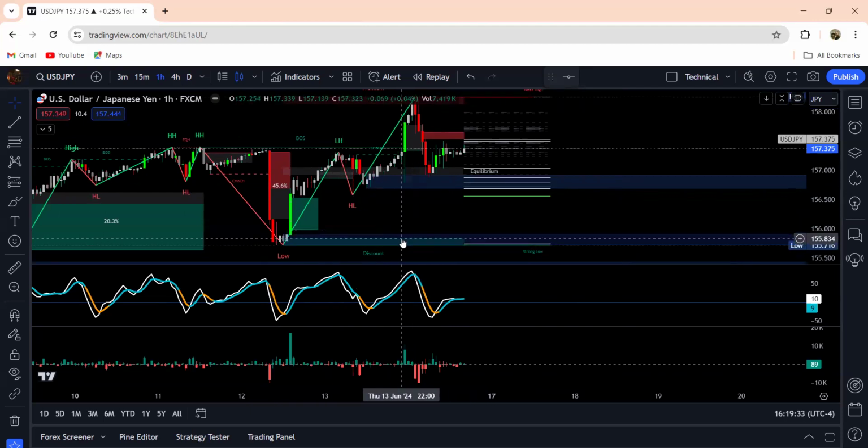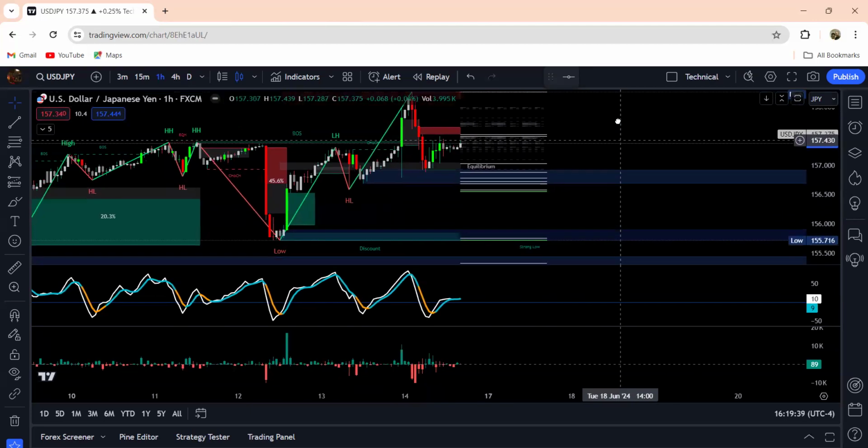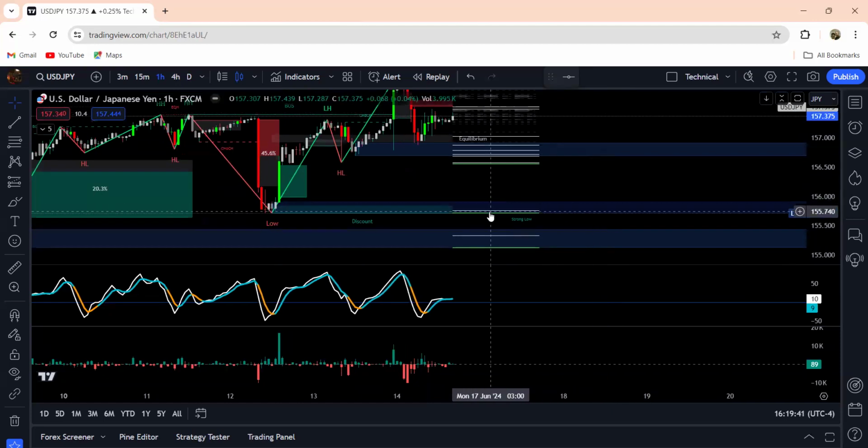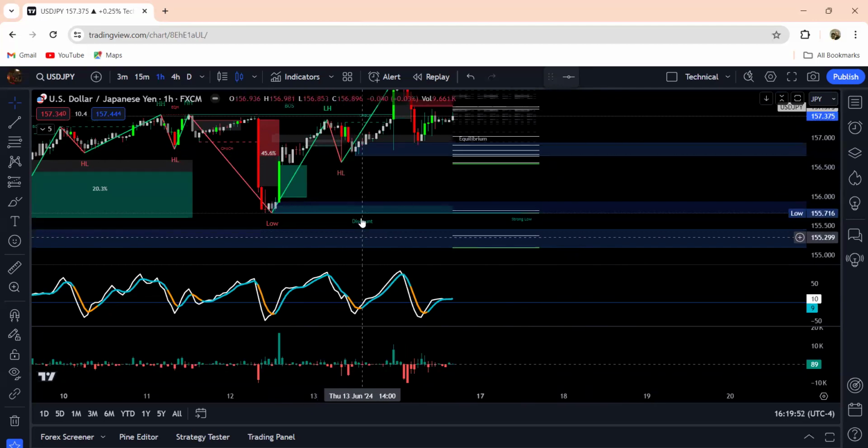So we see here, this is a demand zone, another demand zone, and it becomes even more relevant when that supply or demand zone point of interest has liquidity inside of it. So what you do is you wait for price to come back into your supply or demand zone and look for your entries from there.